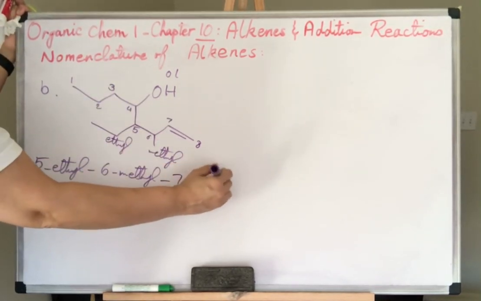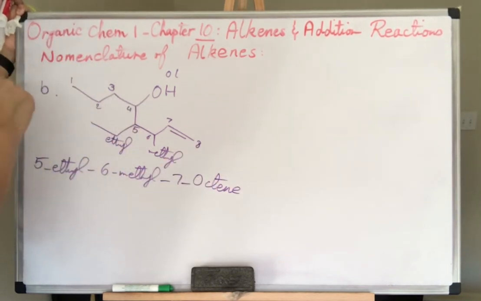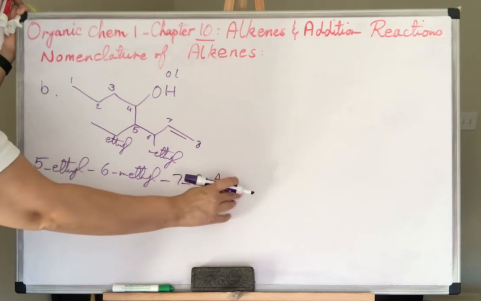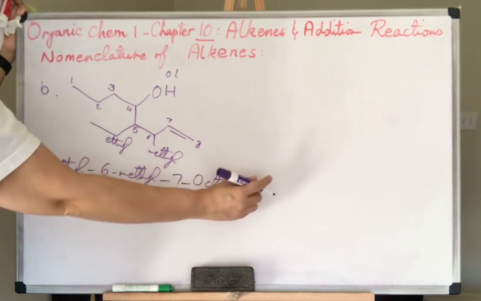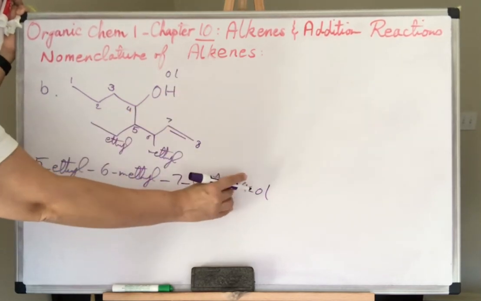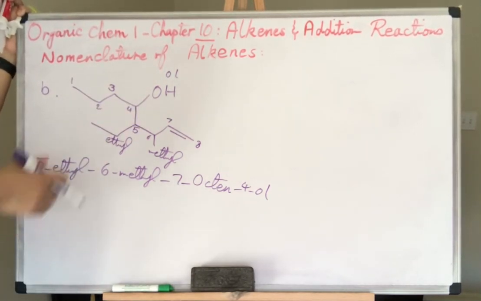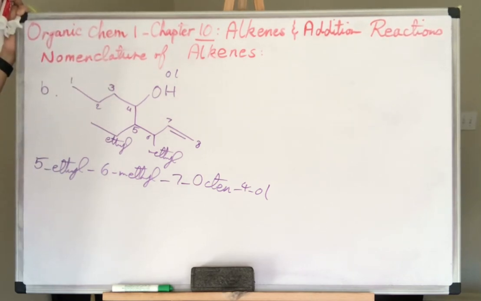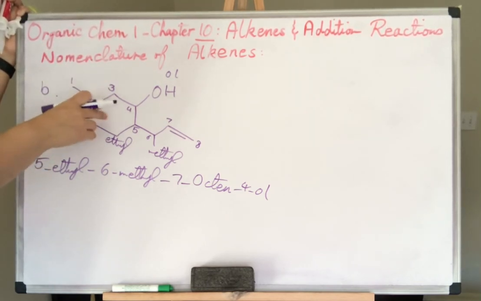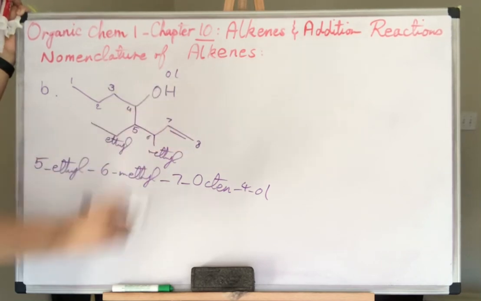Now it's octene, but we eliminate the E because we haven't taken care of the ol yet. Octene, 4-ol. It's a very special type of naming at this point. Don't get confused if you have any other functional groups besides the double bond. But basically learn here that if you have OH, then OH has priority in numbering, but obviously the ol comes after octane.